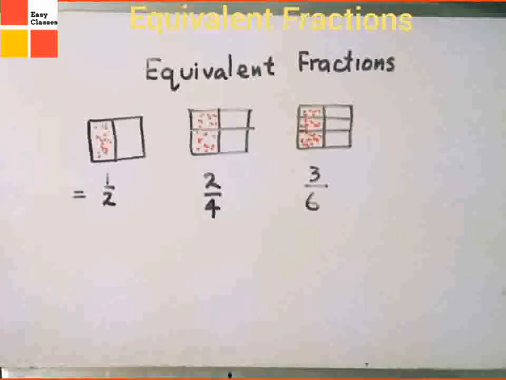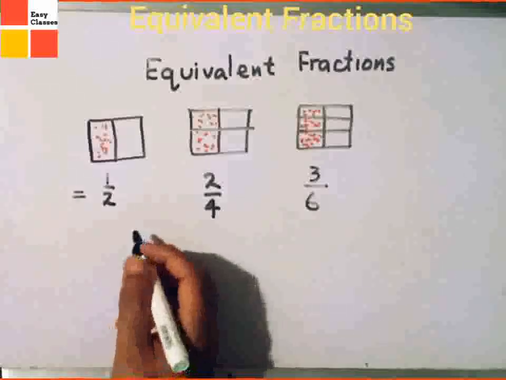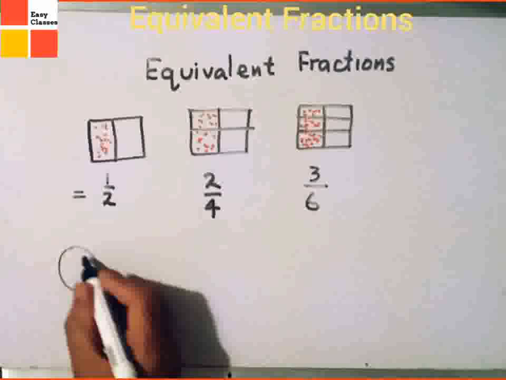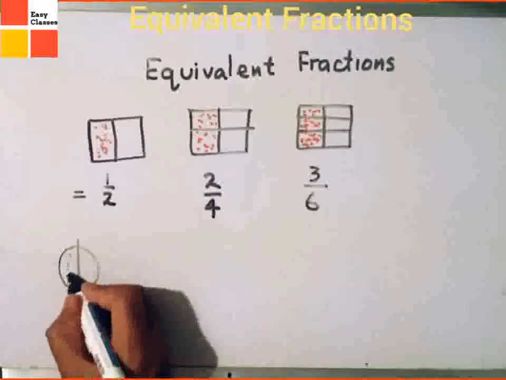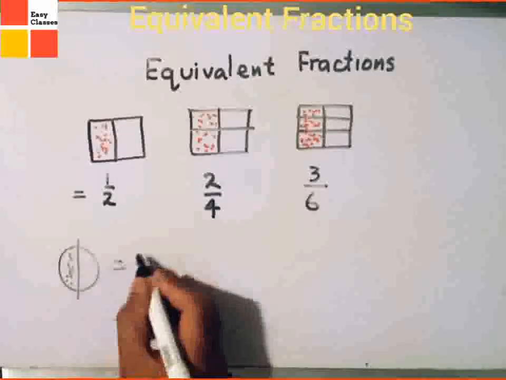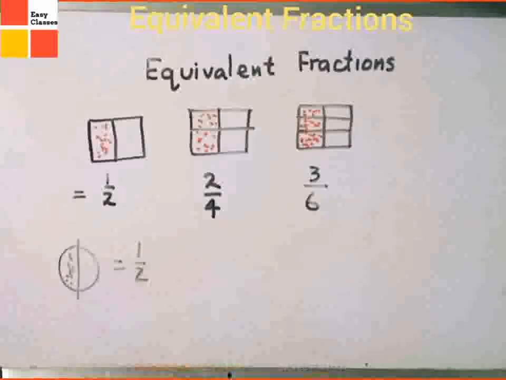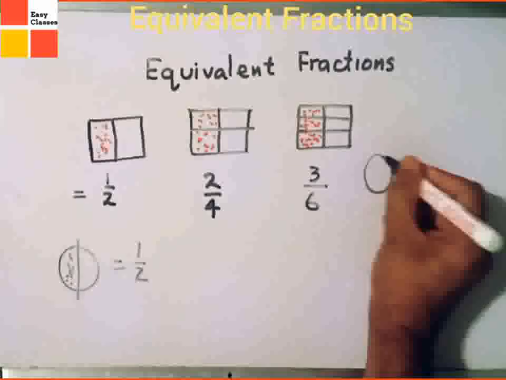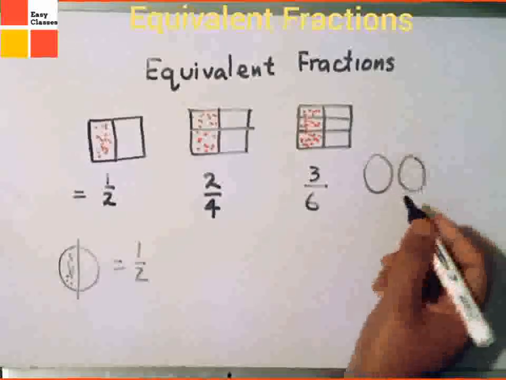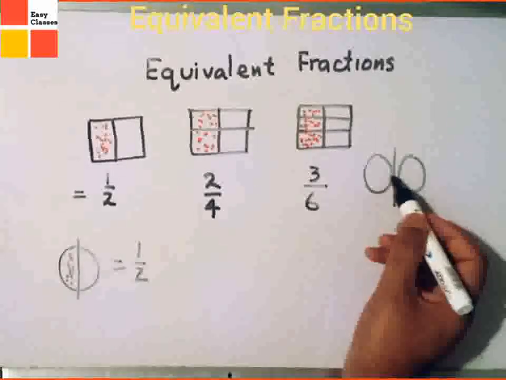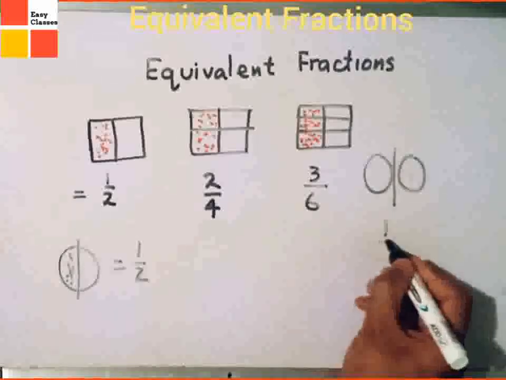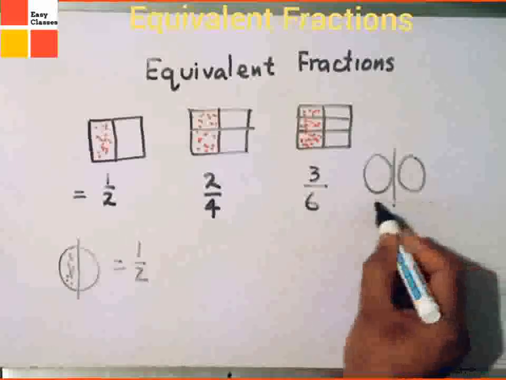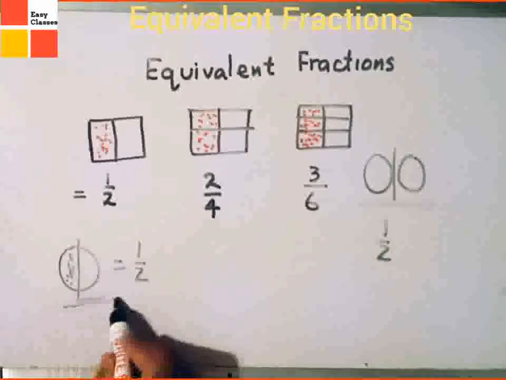In other words, for example, if you have one biscuit, you consumed half of it. You consumed one half. Say for example, if you now have two biscuits, and you consume one out of two biscuits, that means this and this are actually the same.